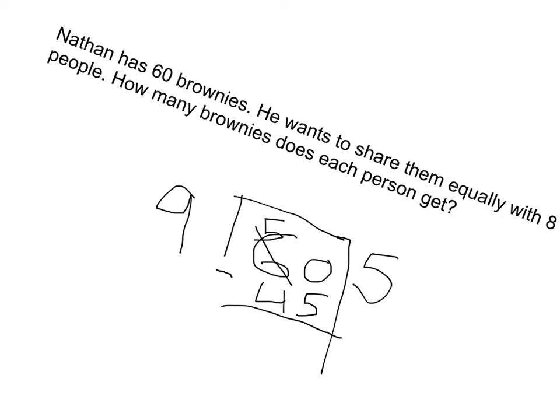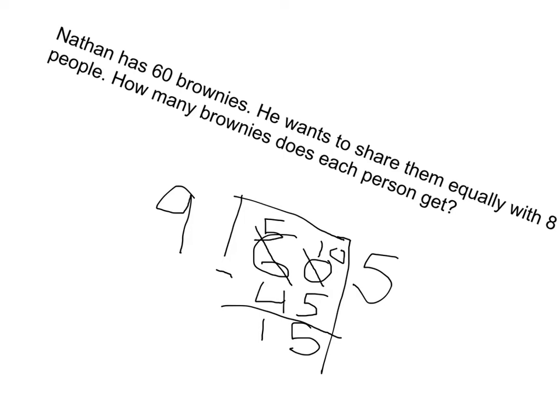So you would take away 10. And then you'd put 10 onto this, and that would be 10. And then 10 minus 5 is 5. And 5 minus 4 is 1.